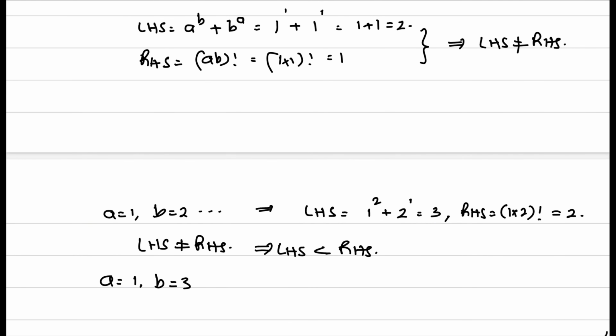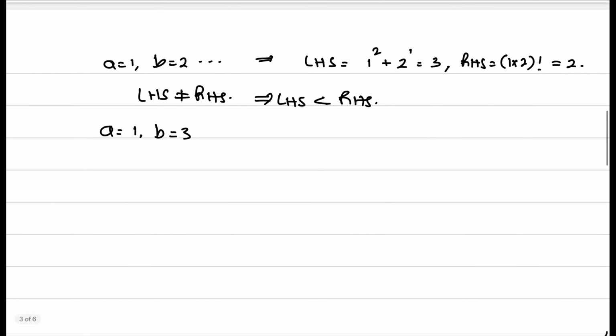When a is equal to 1, b is equal to 3, what happens? Left hand side is equal to 1 to the power of 3 plus 3 to the power of 1, that is equal to 4. Right hand side is equal to 1 into 3 factorial, that is equal to 6.